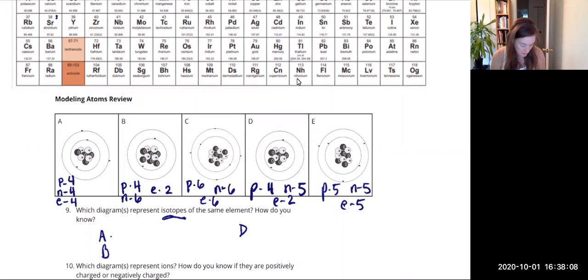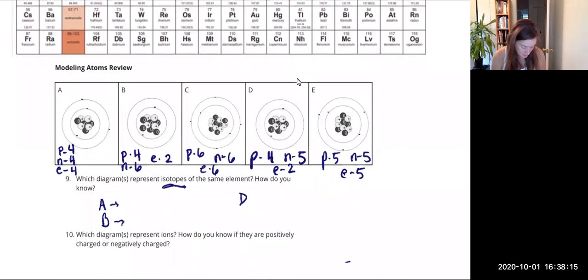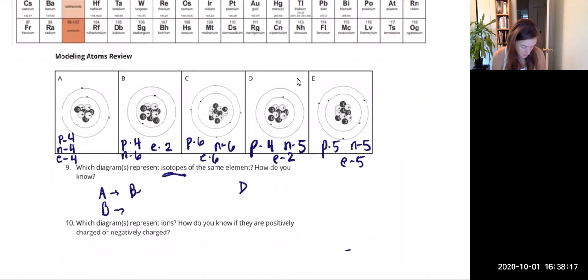And so if we wanted to go a step further, we could write the symbols for them. They are all beryllium atoms. They're all atomic number 4. But they have different masses, right? A has a mass of 8 because 4 protons plus 4 neutrons. B has a mass of 10 and D has a mass of 9.